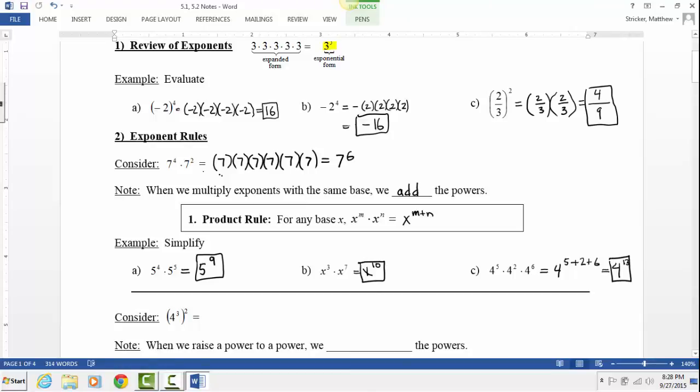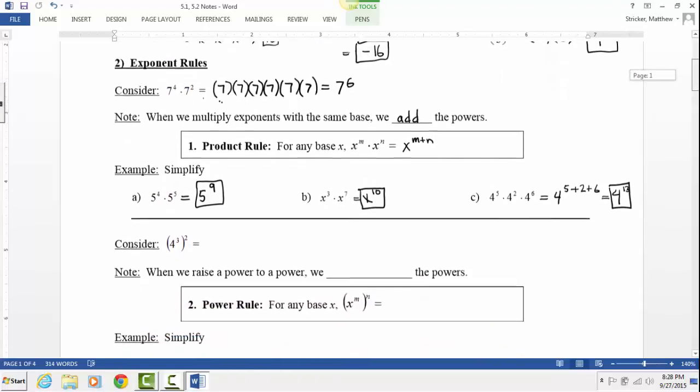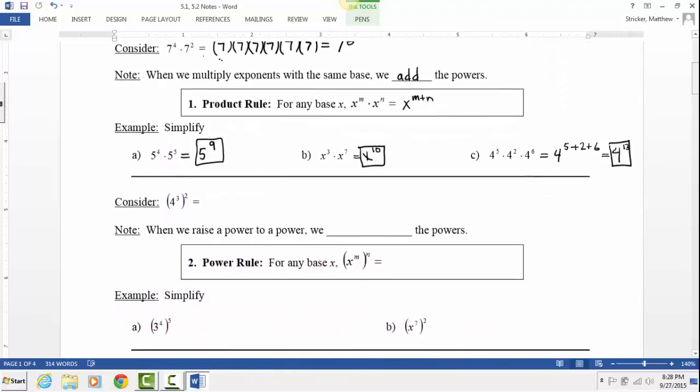Now, there are of course other rules. So the next one is we now have a power raised to a power. We have 4 to the 3rd, squared. And so just using our definition of exponents, this would mean 4 to the 3rd times 4 to the 3rd, right?